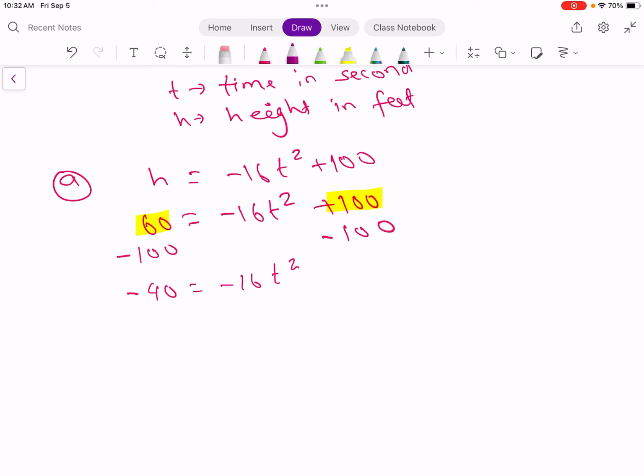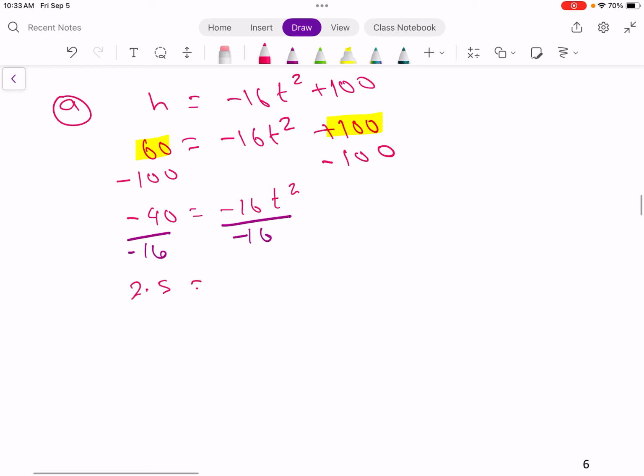Now let's get rid of negative 16 by dividing on both sides. We get 2.5 equals t squared. Now we need to get rid of the square.